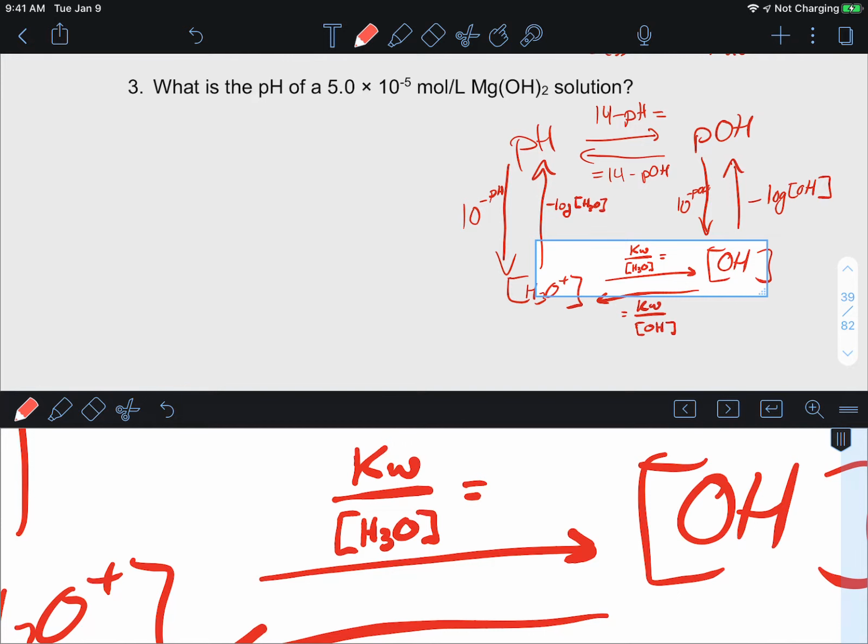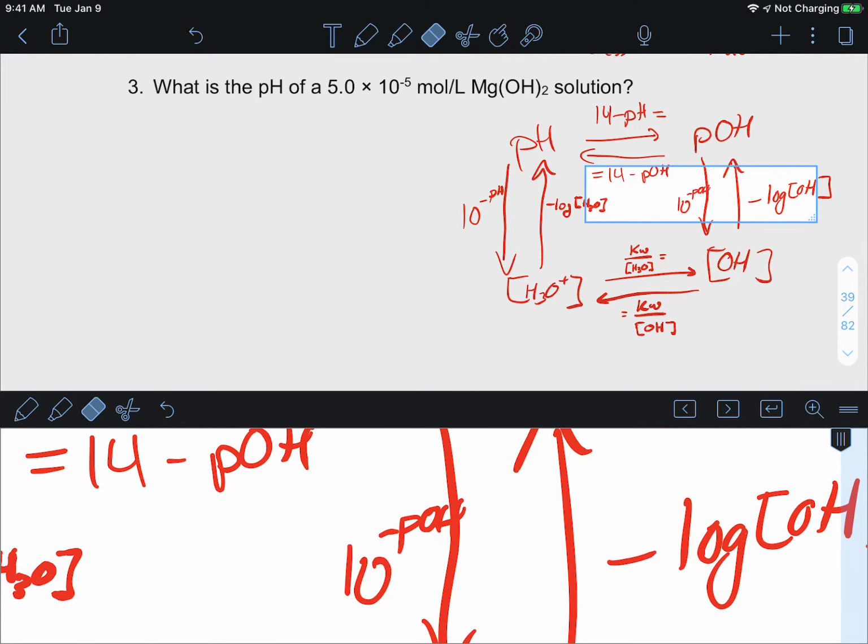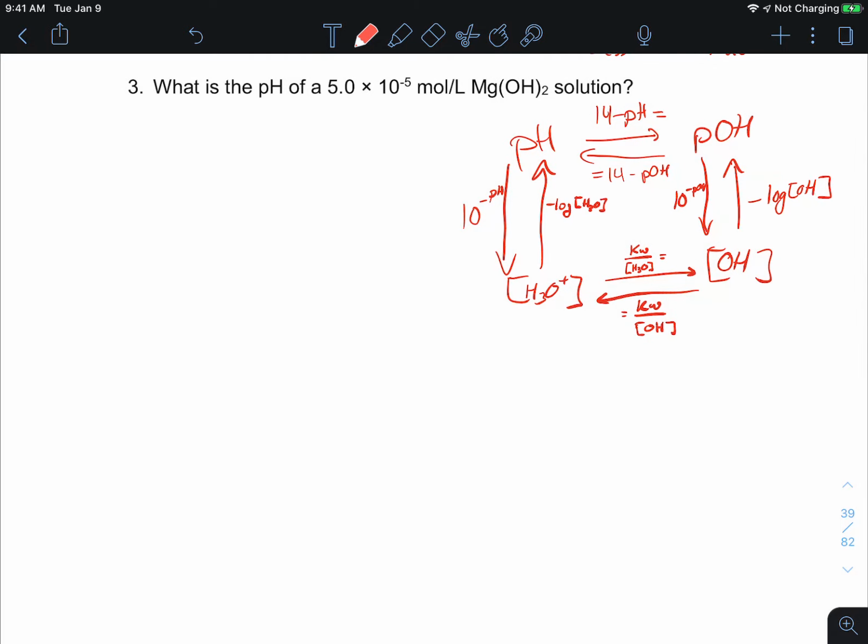So all you need to do in these kind of questions is decide which direction you are going to travel around this little circle. Are you going to go straight to a value for pH, or are you going to go to a concentration first and then go?